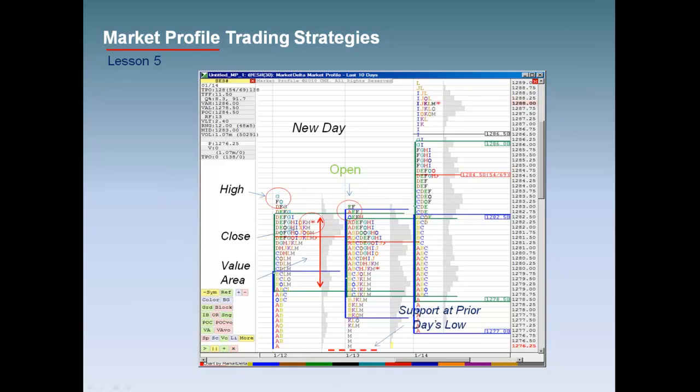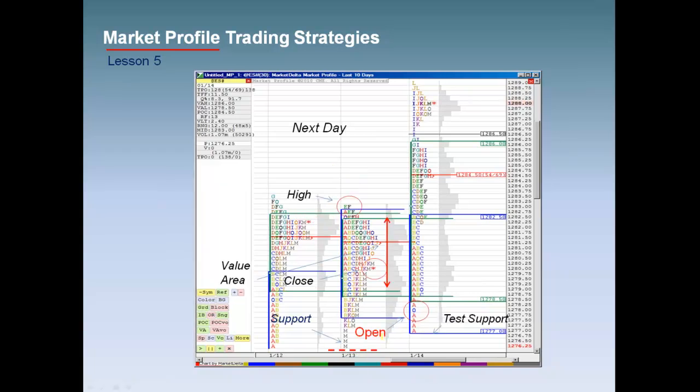Now, at the end of the day, on this day, we had support at the day's low, meaning the day did not go any lower than this point. So now, the following day, the key question that we're going to look at on the following day when it opens is, where is price relative to this support level?